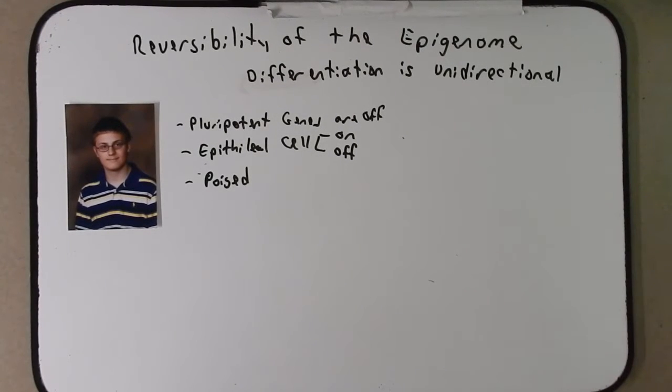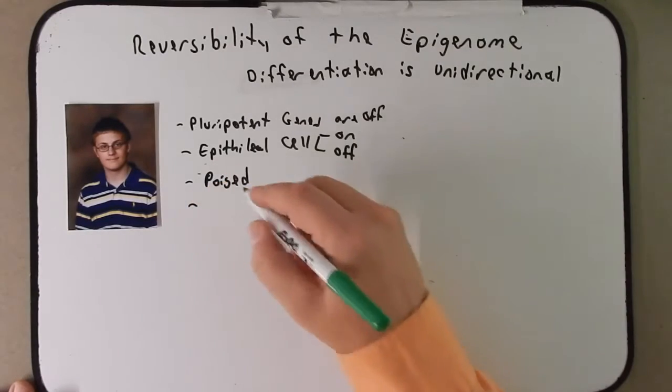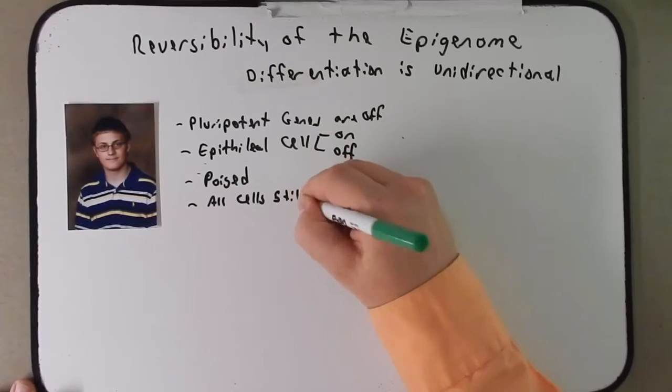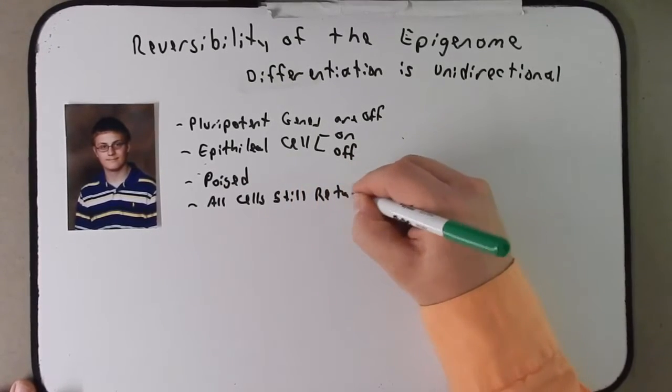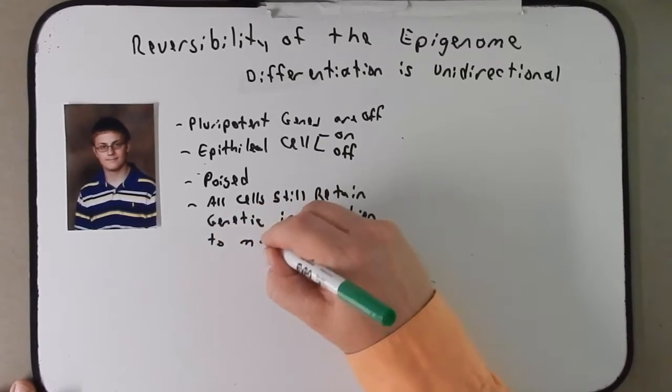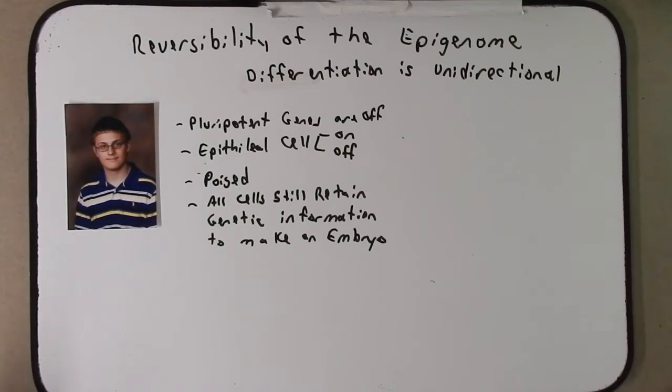They might be genes needed for remediating various toxins that might enter the cell. So they're poised. However, all of the cells, the epithelial cells, all the cells, still retain genetic information to make an embryo. It's good for him and it's good for all of us that our cells cannot go backwards.